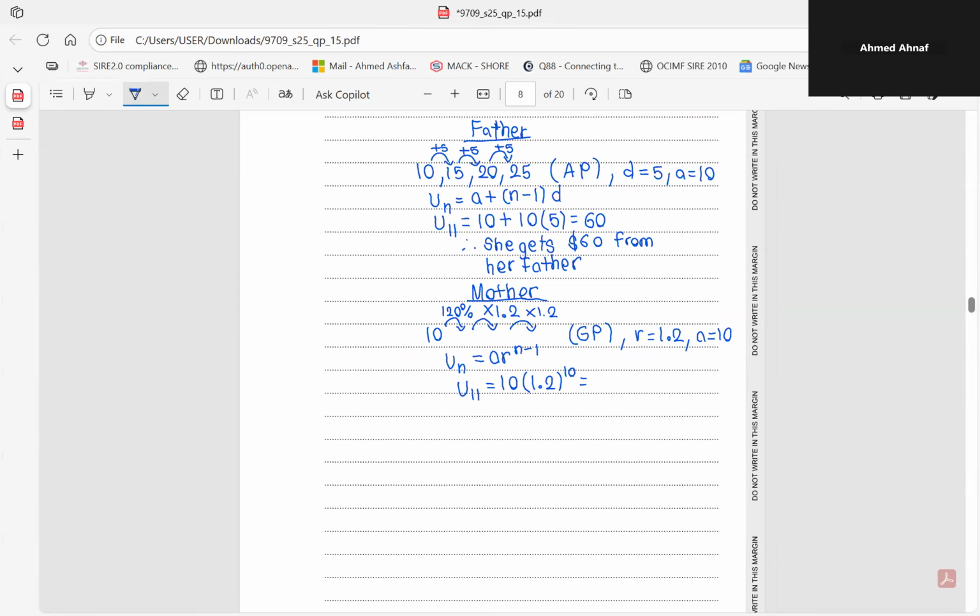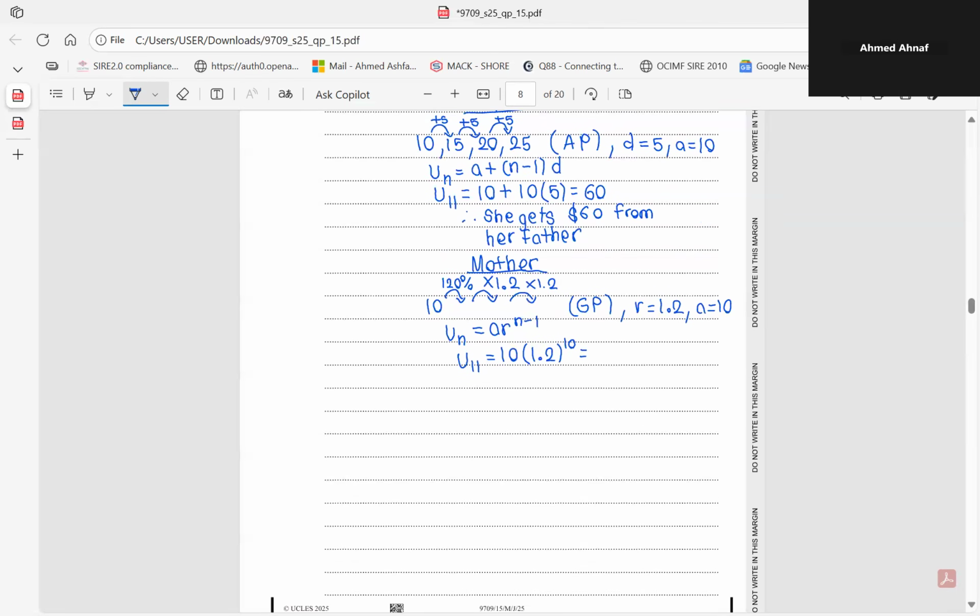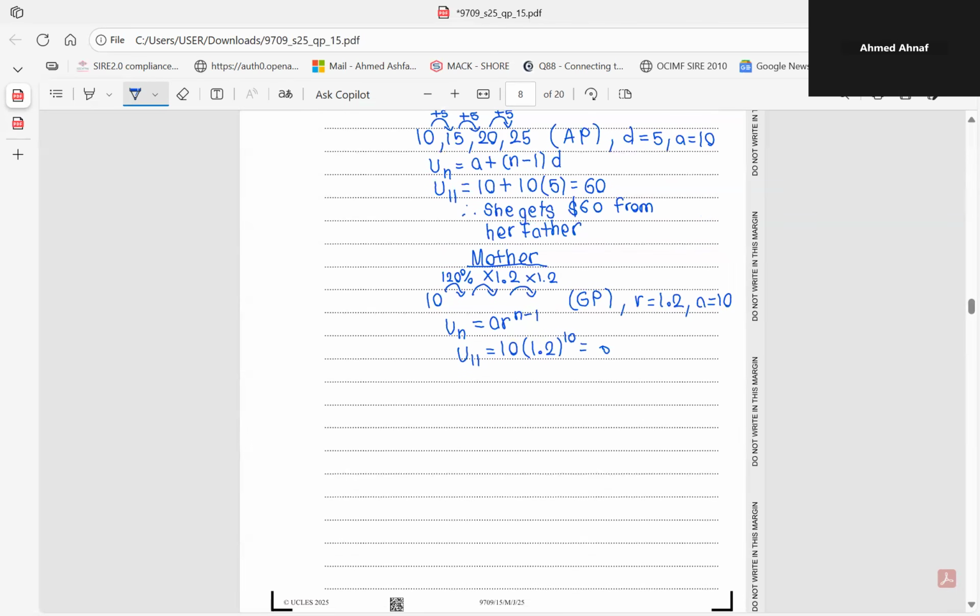So you get 61.92 to 2 dp, since this is money. So hence, Ananya gets $61.92 from her mother.